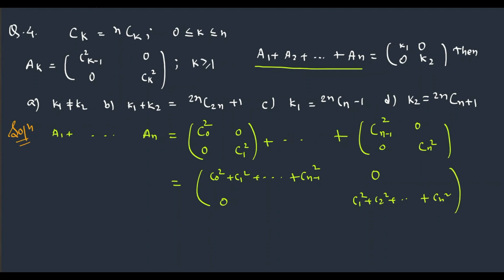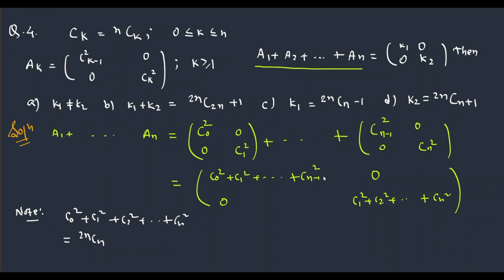What do we know? We know this result, that if C0 square, C1 square, C2 square, up to Cn square, the result will be 2nCn. So here it starts from 0 but ends at Cn minus 1.